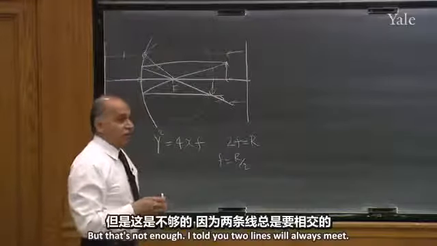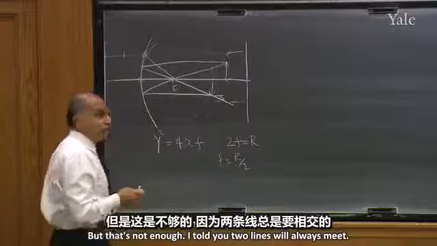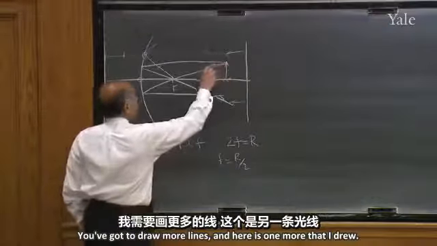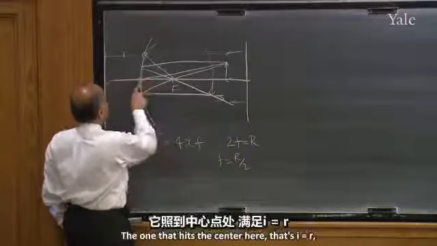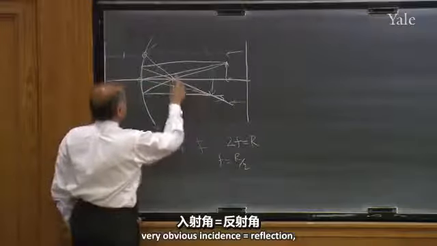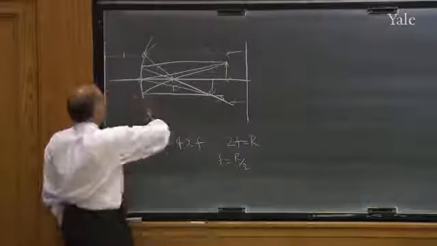But that's not enough. I told you two lines will always meet. You got to draw more lines, and here is one more that I drew. The one that hits the center here, that's i equal to r, very obvious, incidence equals reflection because the mirror is vertical here.